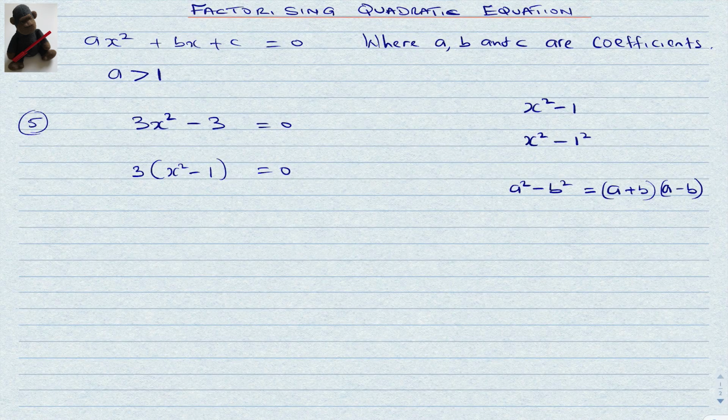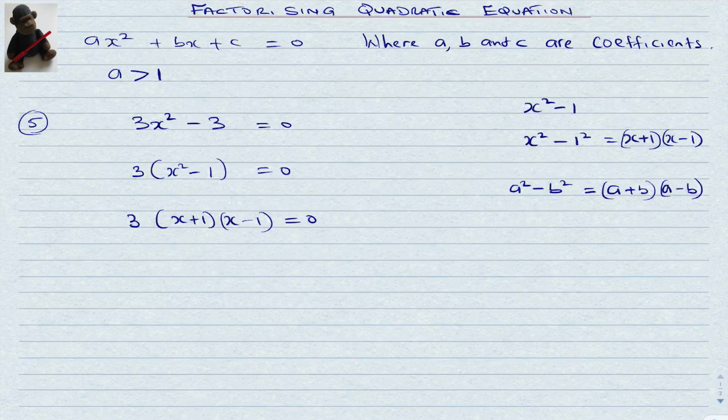So in this case, we have this situation where a is x and b is 1. So that will become x plus 1, x minus 1. And so here we go, 3 into bracket, x plus 1, x minus 1 equal to 0.